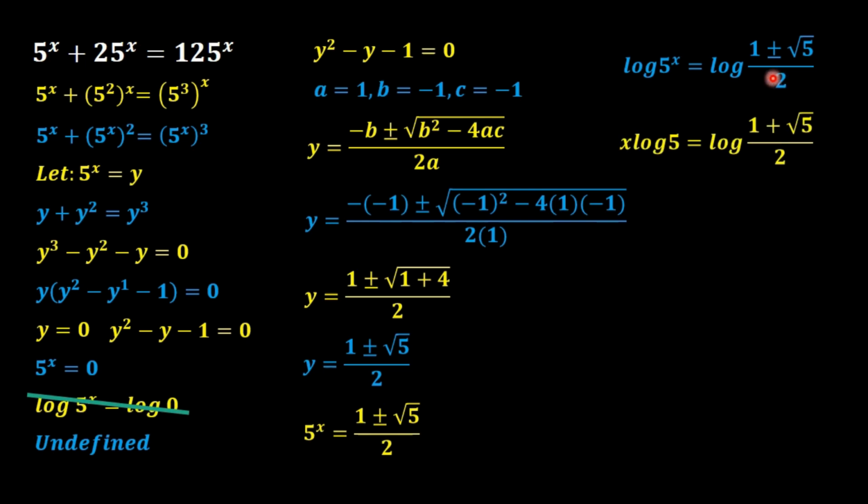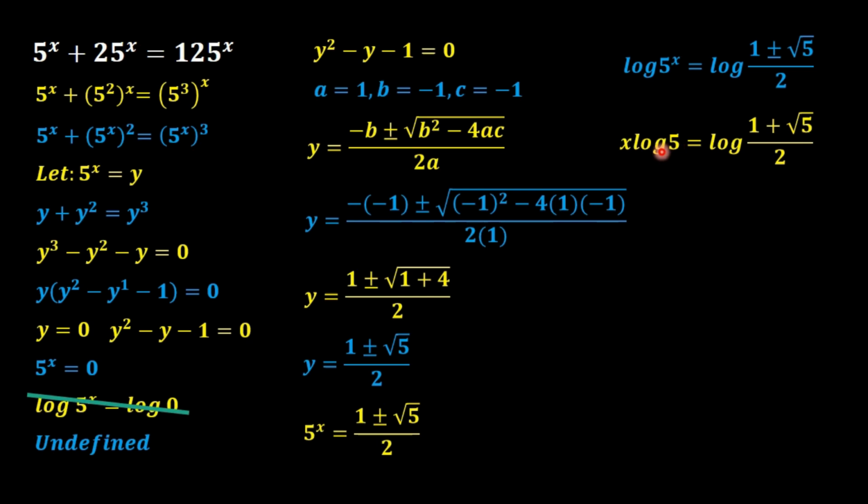Now this expression can be written as x log 5 equal to log of (1 plus the square root of 5) over 2. We discard the minus value for the log because we can't take the log of a negative value, the minus square root of 5 value.